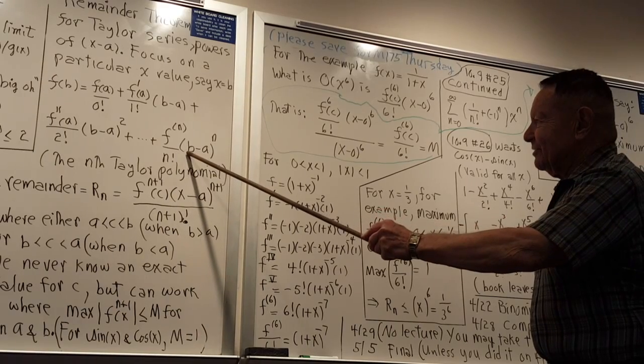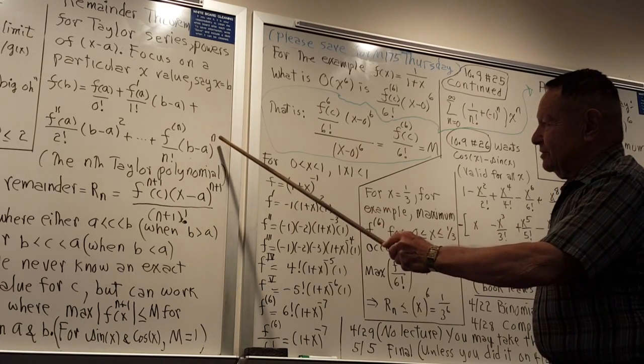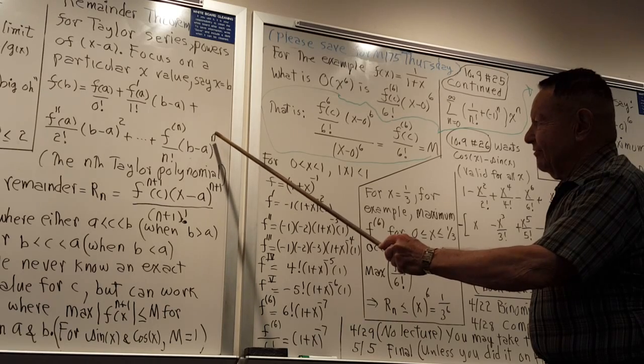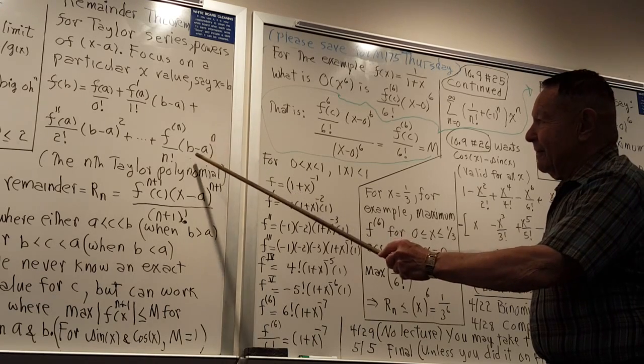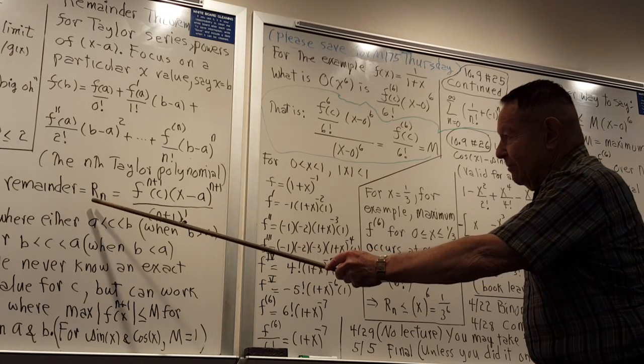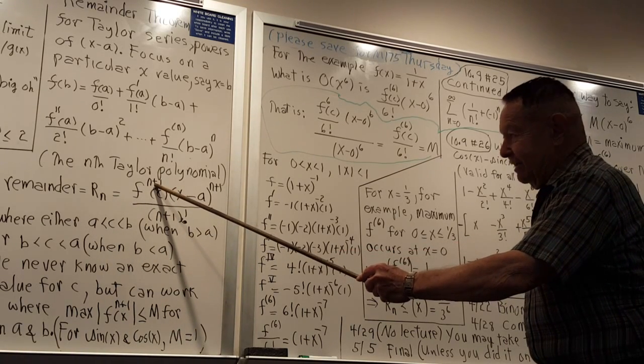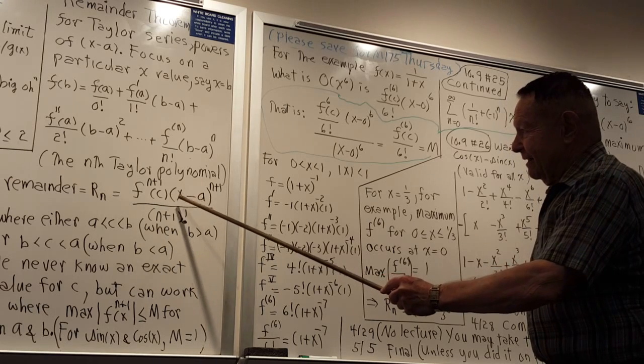the nth Taylor polynomial would be something like this, which will have a degree n, and then the remainder will have degree on the derivative n plus 1.